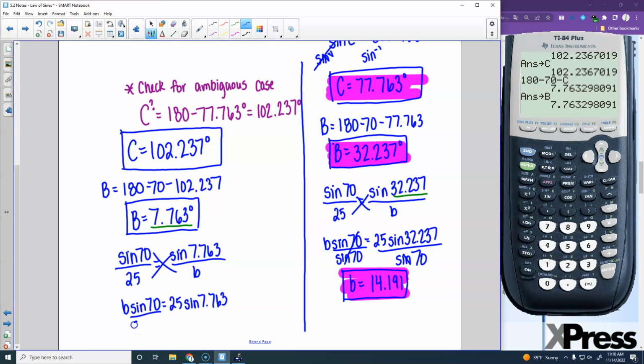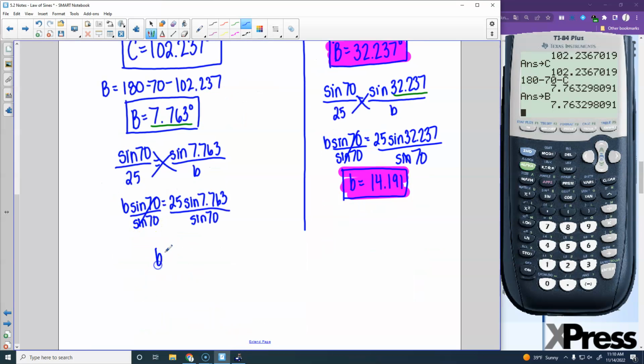We'll divide by sine 70, and B is going to equal 25 sine B divided by sine 70, which is going to give us 3.594.